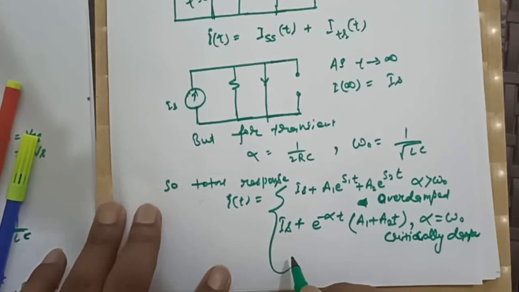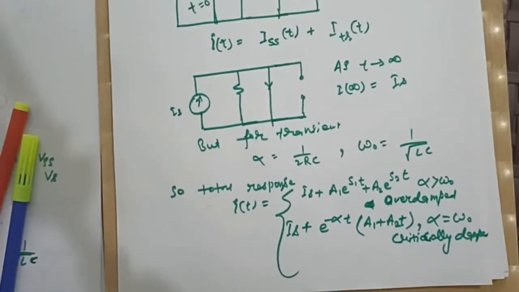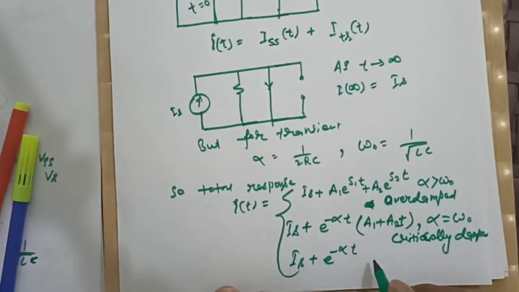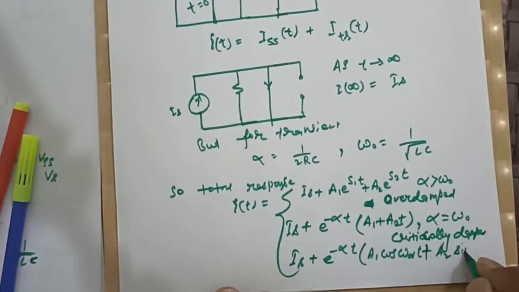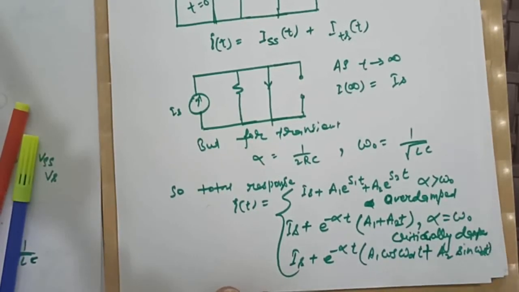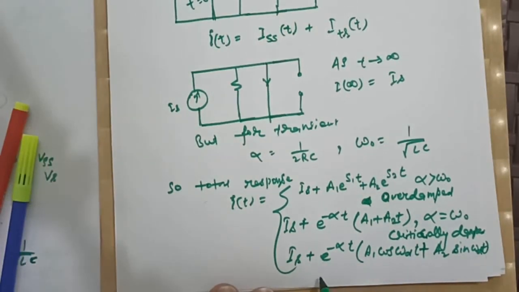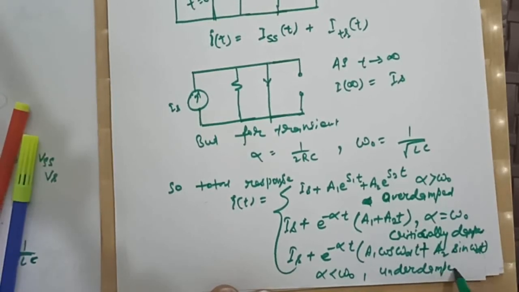And the third case is Is plus e to the power minus alpha t (a1 cos omega d t plus a2 sin omega d t), isn't it? And this condition is when alpha is less than omega naught, and it is known as underdamped.